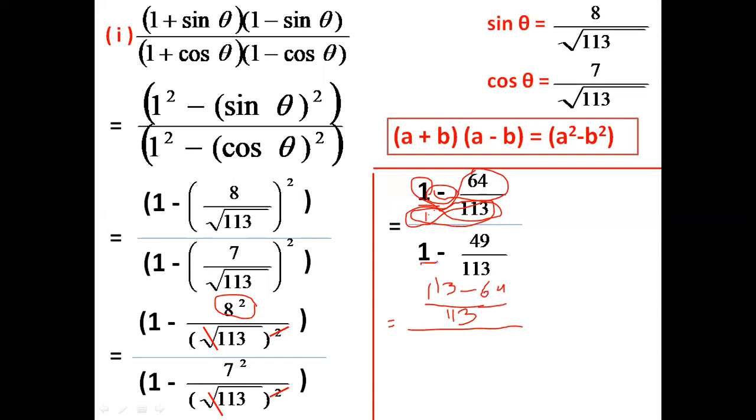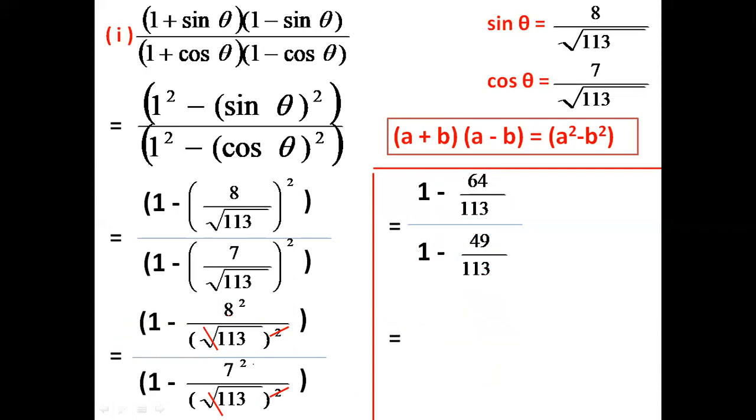Similarly, in the denominator also, 1 can be written as 1 by 1. The LCM is 1 into 113, that is 113. Cross multiplication, 1 into 113 is 113, minus 1 into 49, 49. Right.